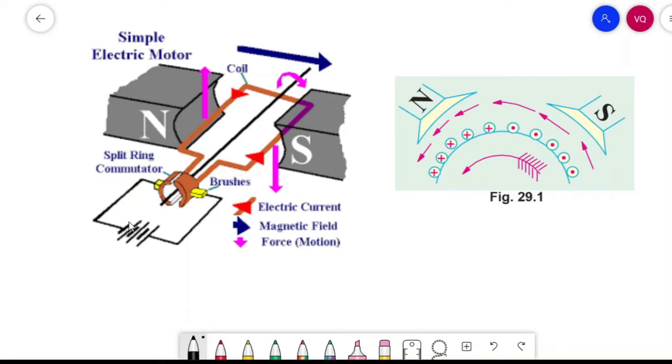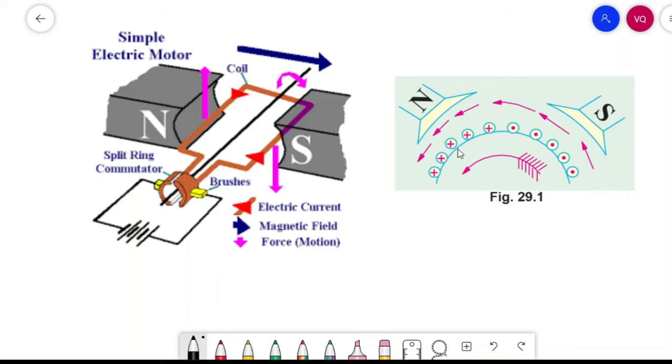The armature conductors under N pole are assumed to carry current downwards, the crosses, and those under S poles to carry current upwards, the dots. So the dots represent upward motion, and the plus sign represents the downward motion.